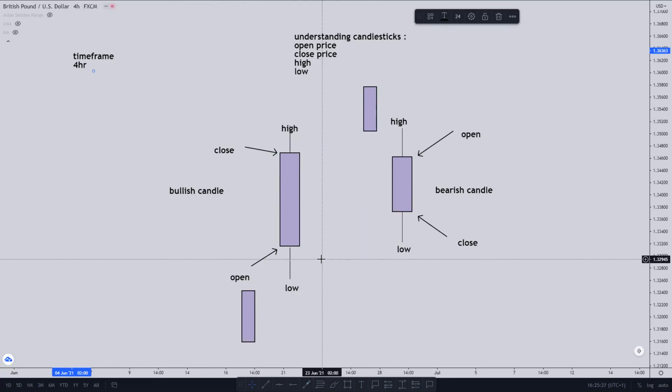That's the easiest way to explain why we look at a certain time frame, right?